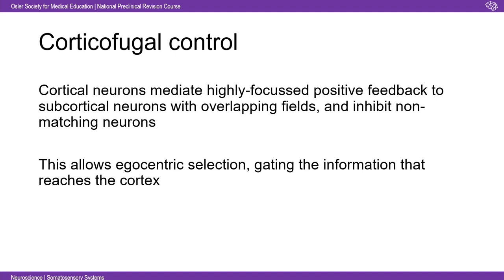And that allows for something called egocentric selection, enhancing the representation of stimuli that are thought to be quite important. So you can conceptualize it as if someone was asking you to distinguish 2 points on your skin that they were touching simultaneously, and asking you, is it 2 points or one, or if they were drawing a letter on your skin and asking you what was being drawn. If you were really focusing on it, this might be one of the systems that helps you to enhance your ability to detect that.